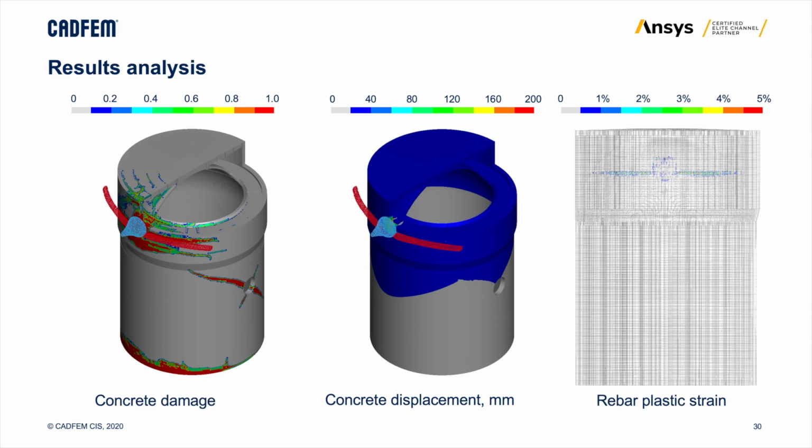So we can say that the outer containment does not touch the inner containment, and this is very good for our approach of separate containment shell simulation. Also, you can see that the maximum deflection is near the aircraft fuselage impact, and this deflection is about 200 millimeters, which also is not a very big value.